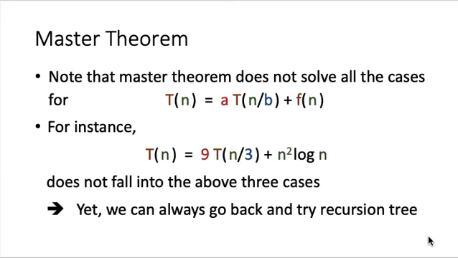But note that the master theorem does not cover all the cases where we are trying to solve T(n) equals a times T(n over b) plus f(n). For instance, when T of n is equal to 9 copies of T(n over 3), but the function that we want to add, the plus part, is n squared log n, it is more than moderate.